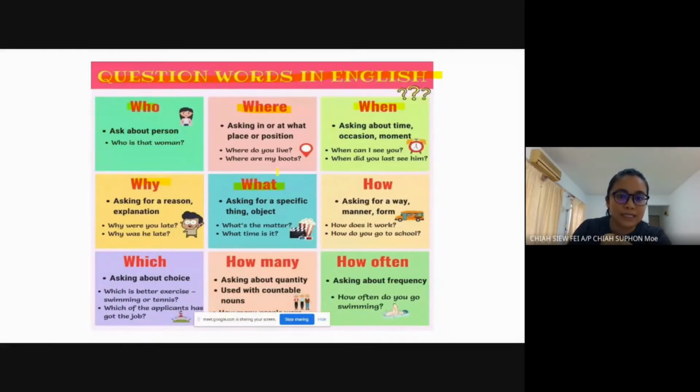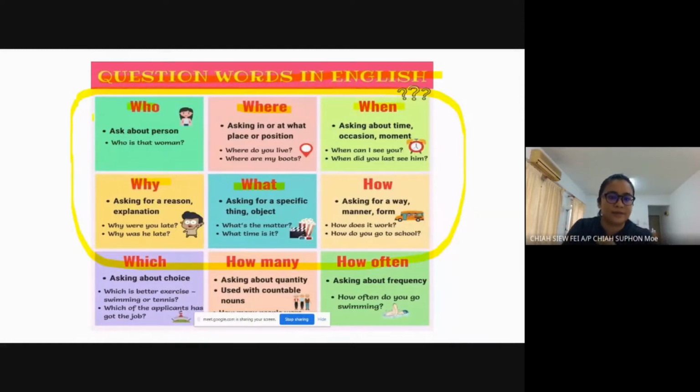These six question words here, the ones that I have circled: who, where, when, why, what, how, are the most frequent question words that you have to think about. When we want to write a story, we have to decide who is in the story, or who are the person or the people in the story, where the story happens, when it happens.